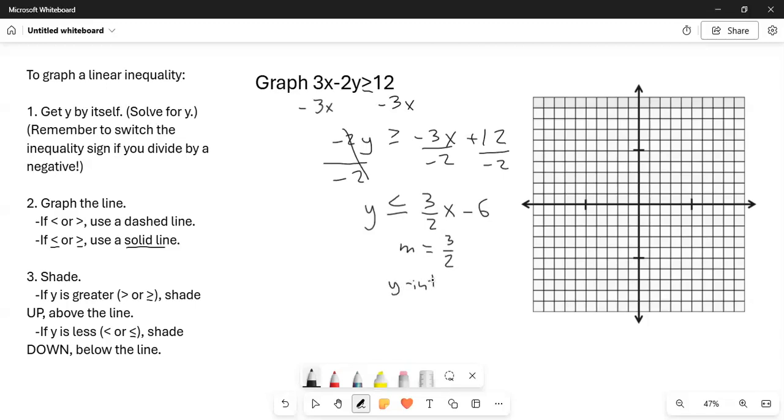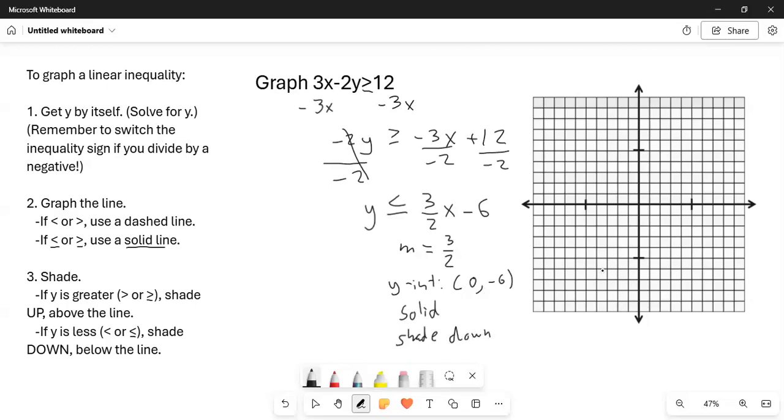Your y-intercept is the ordered pair (0, negative 6). You are going to make a solid line because you have the solid line underneath the symbol. And you are going to shade what direction? Well, since y is less, you are going to shade down below the line.